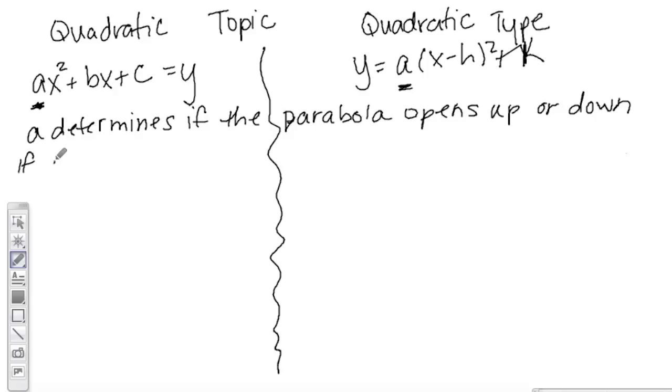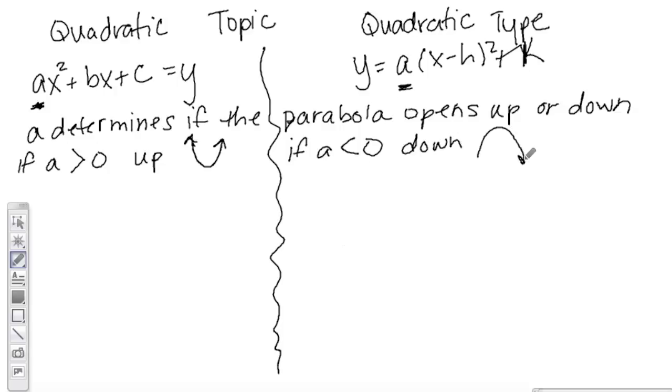If A is positive, then your parabola will open up. It will look like this. If A is negative, then your parabola will open down like this.